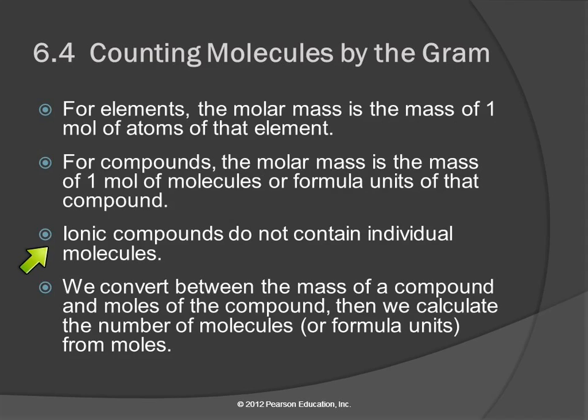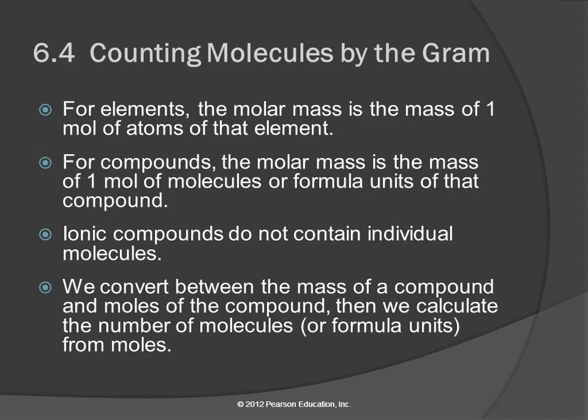So it's important to recognize that ionic compounds do not contain individual molecules. They contain ions just in a regular repeating order. Plus, minus, plus, minus, plus, minus, plus, minus. And so you could really think of however big that piece of ionic substance is, essentially it's one giant molecule.